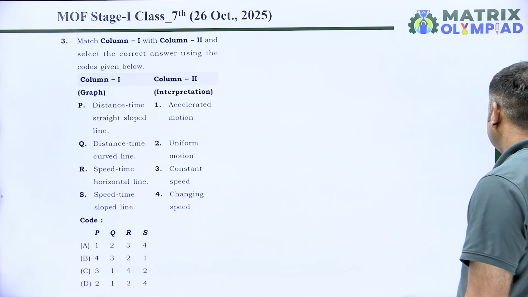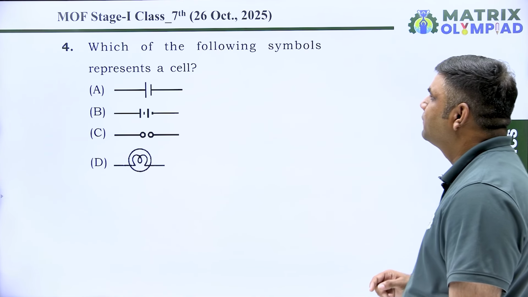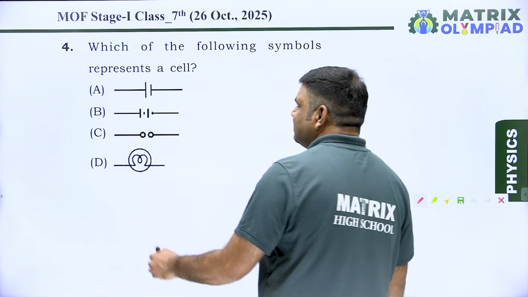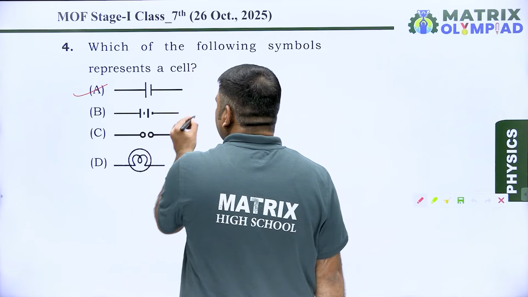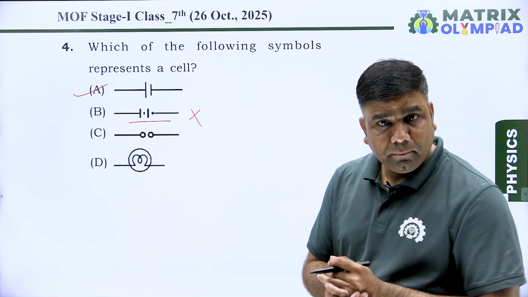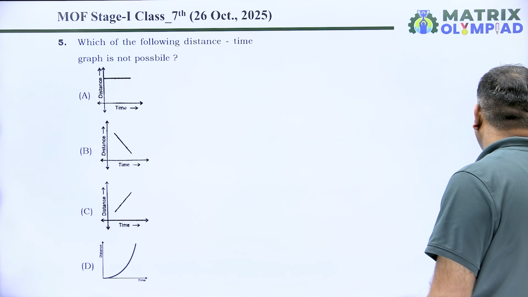Move to the next question, question number 4. Which of the following symbols represents a cell? So our correct answer will be A, not B, because it is a battery. More than one cell is called a battery. Next, question number 5.